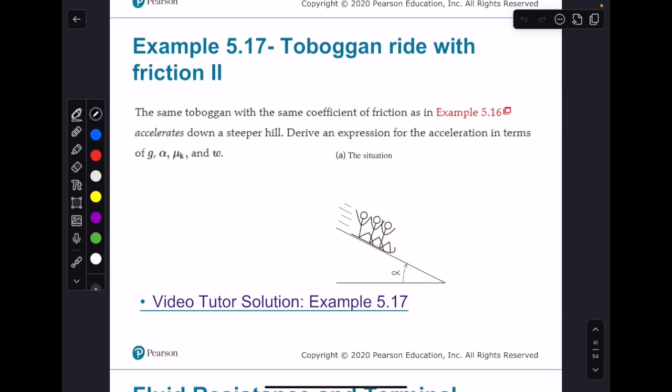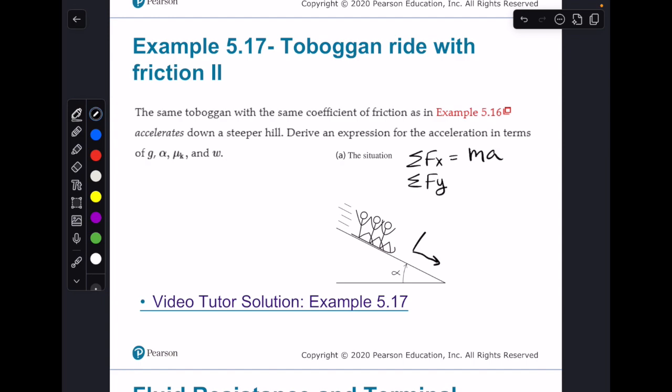I'm going to skip this example, but I think you should do it. So basically, now we're accelerating, okay? And so now when we add up the forces in the x and the y, it's going to be equal to ma. Well, we have to be careful, right? Because the acceleration is on the x. So ma is here.